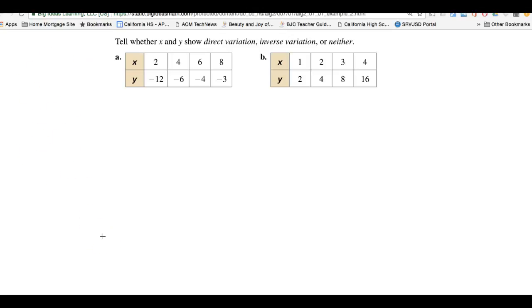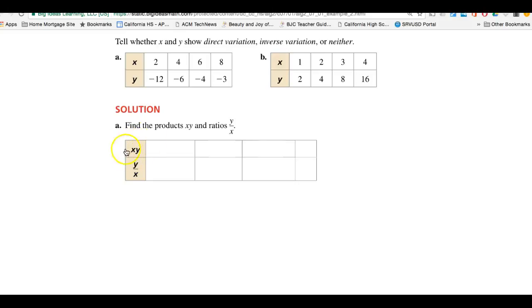Okay, now we're going to make a new table of these points. We're going to look at both our x times y and y over x. Now we're going to find the products and the ratios. Again, remember, for direct variation, y equals a times x, and for inverse, y equals a over x.